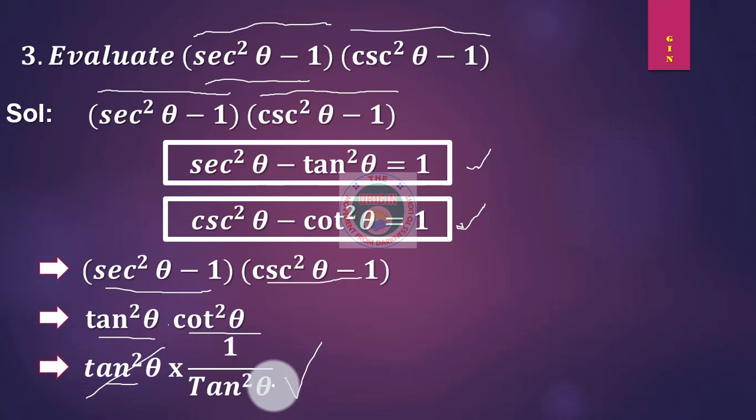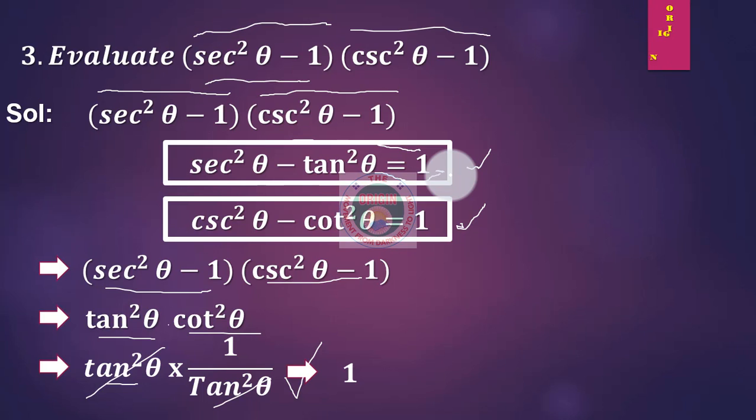Tan square theta gets cancelled. Answer is 1. Here, secant square theta minus 1 is tan square theta. Observe the formula: plus 1, if you take it to this side, is converted to minus, and minus tan square theta, if you transport to this side, is converted into plus tan square theta. Then secant square theta minus 1 equals tan square theta. That is the formula we discussed. That condition we also discussed in video 3 and video 4. Once observe that and listen to that.